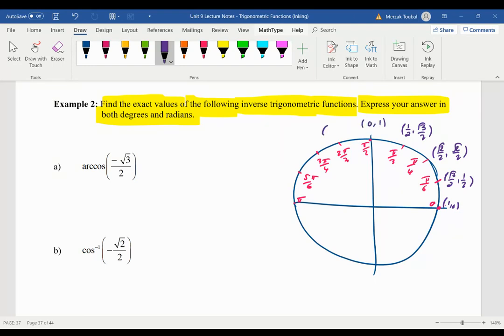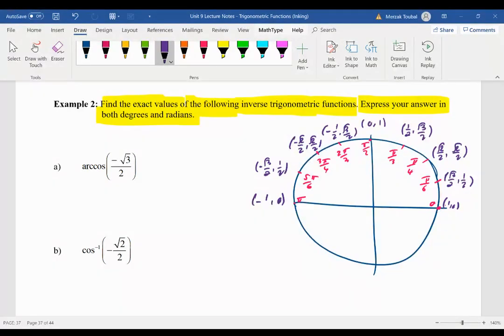This one is negative 1 half comma root 3 over 2. This one is negative root 2 over 2 comma root 2 over 2. And this one is negative root 3 over 2 comma 1 half. And this one is negative 1 comma 0.